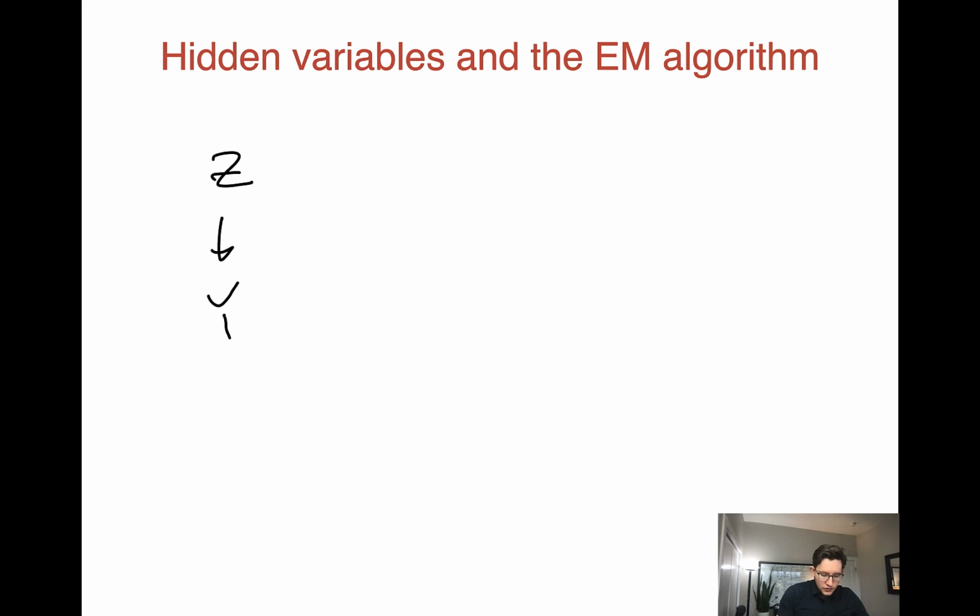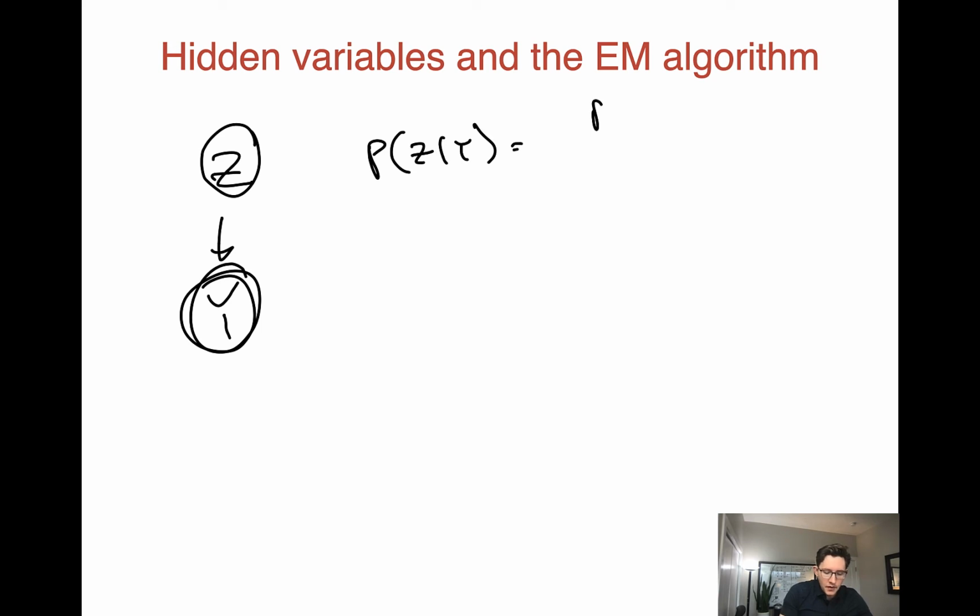If y is unobserved, that's easy. If y is observed and z is unobserved, then that brings us back to Bayes' rule. So we had probability of z given y, we've seen this many times, equals probability of y given z, probability of z, over probability of y.